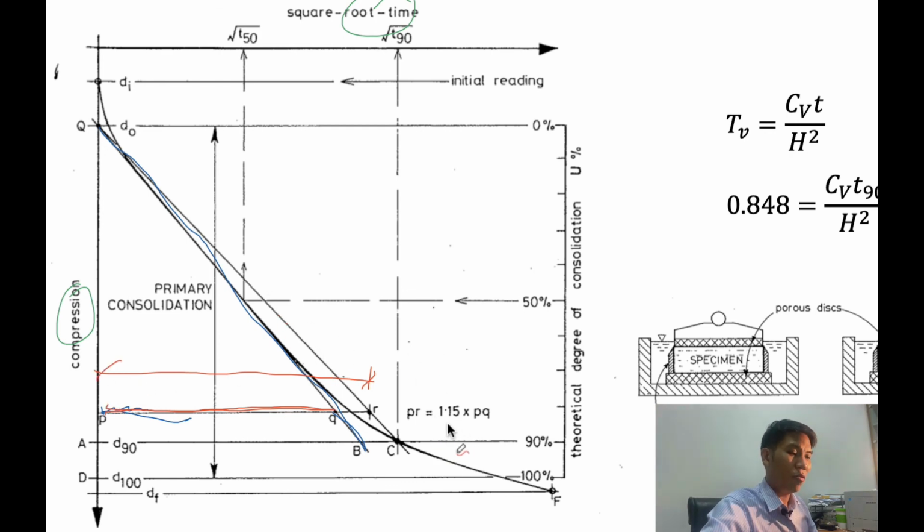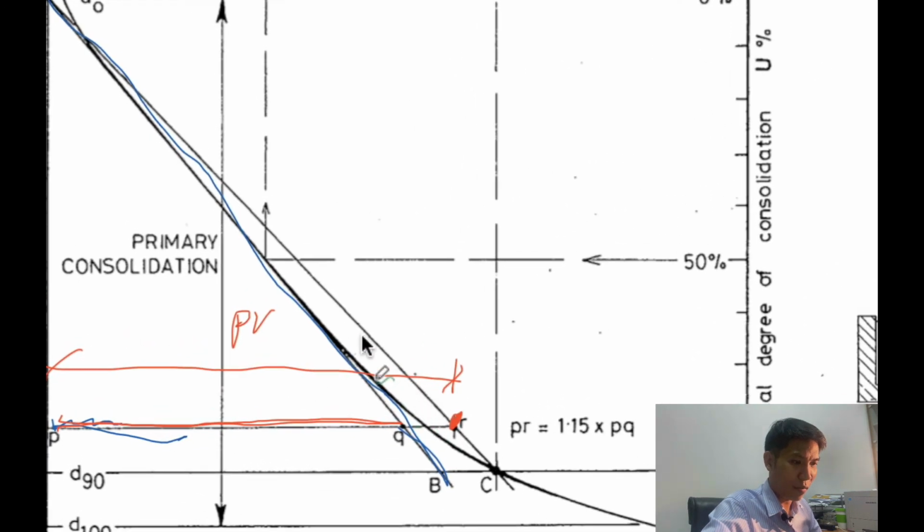PR is equal to 1.15 PQ. You can get this line. After you get this line, you draw the straight line up to this point.